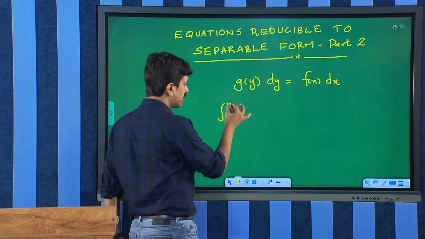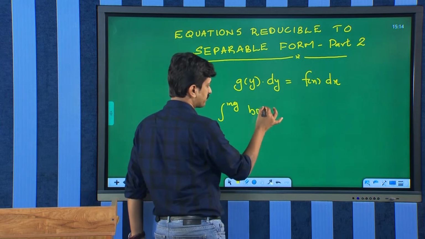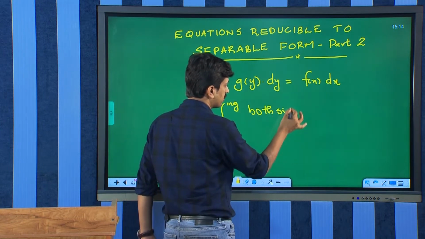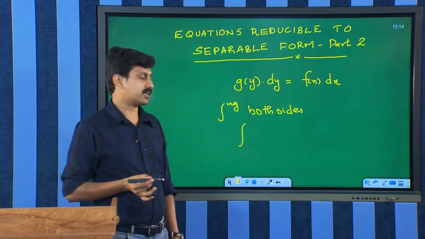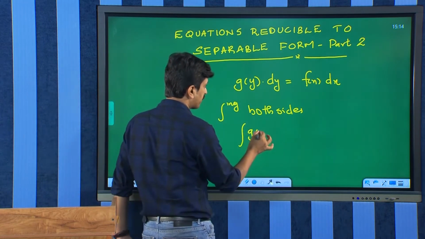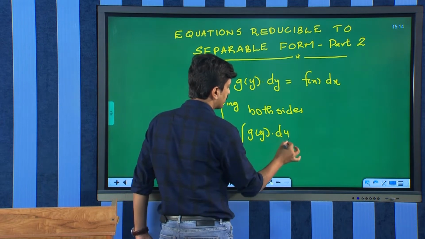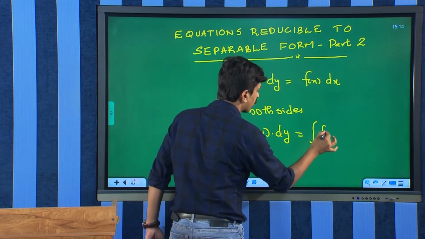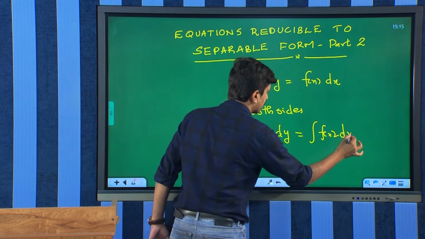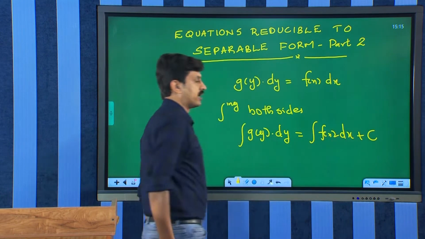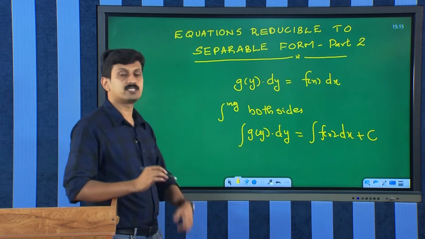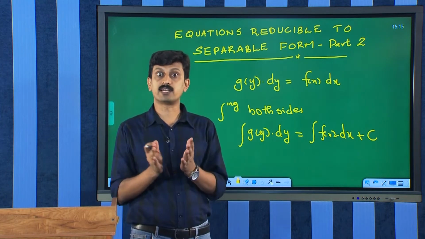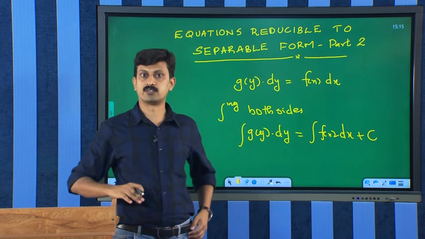While integrating both sides, we get the integral of g of y dy is equal to the integral of f of x dx plus c, the arbitrary constant. By integrating this, we can solve the differential equation. So, this is a very nice method of solving first order differential equations.